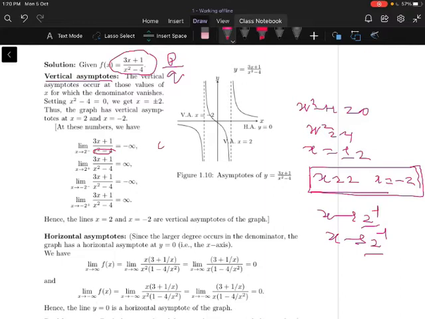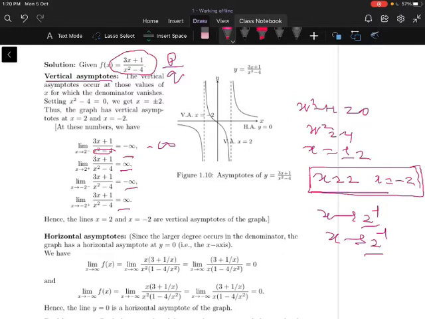So anything by 0 gives minus infinity, because 1.99 is smaller than 2, so the denominator is negative, and it approaches minus infinity. So when x tends to 2 minus, we have minus infinity. When x tends to 2 plus, we have plus infinity. When x tends to minus 2 minus, we have minus infinity. Minus 2 plus, we have plus infinity.